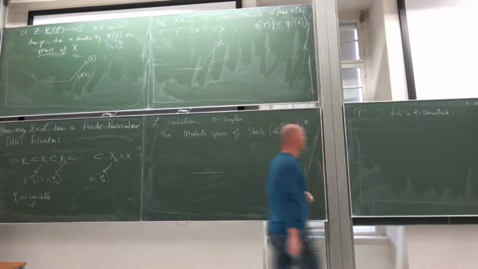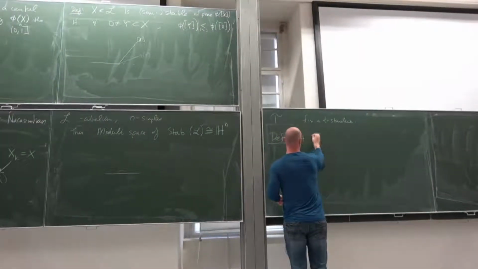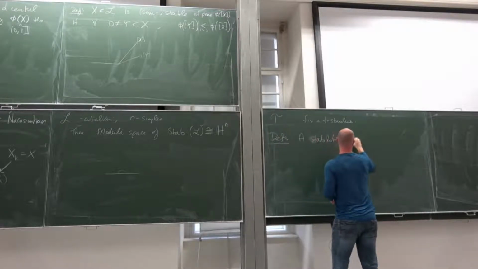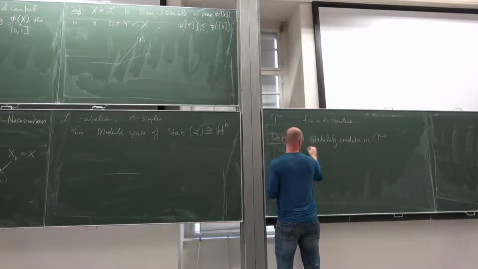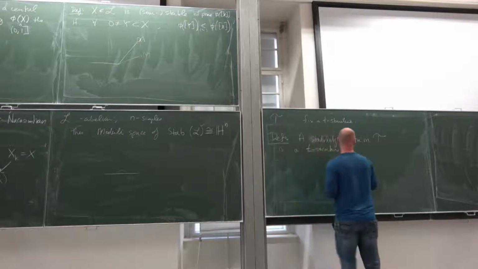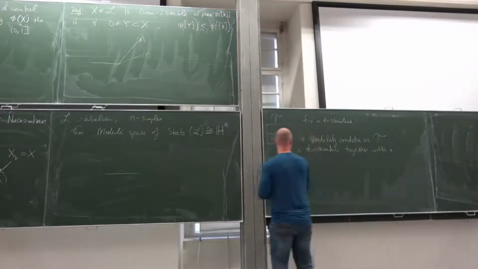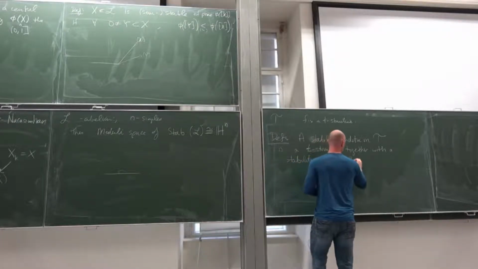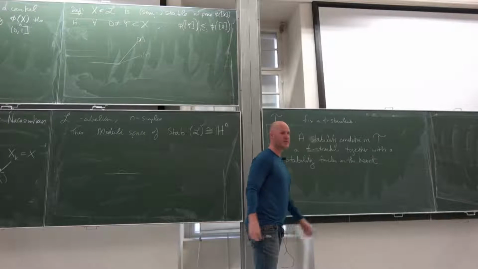So the definition: a stability condition on a triangulated category T is a T-structure, a bounded T-structure, together with a stability function on the heart. I'll write that in another way in a moment.